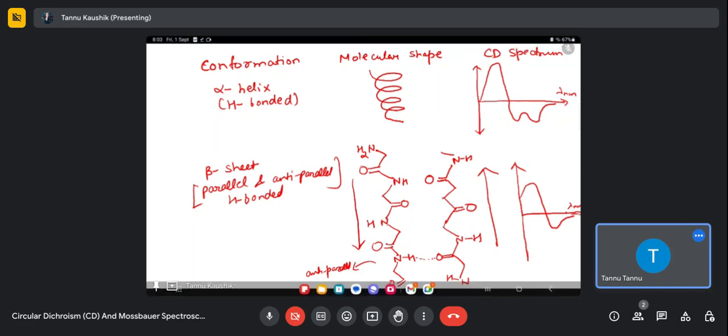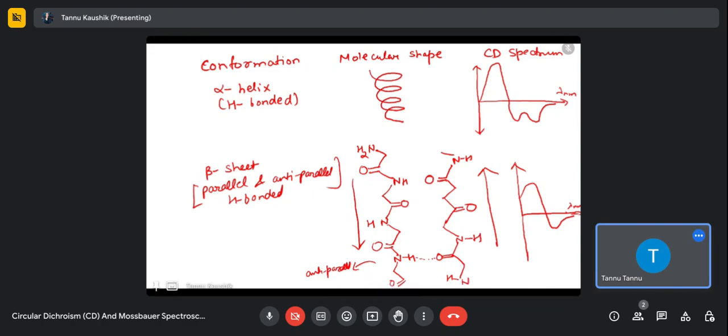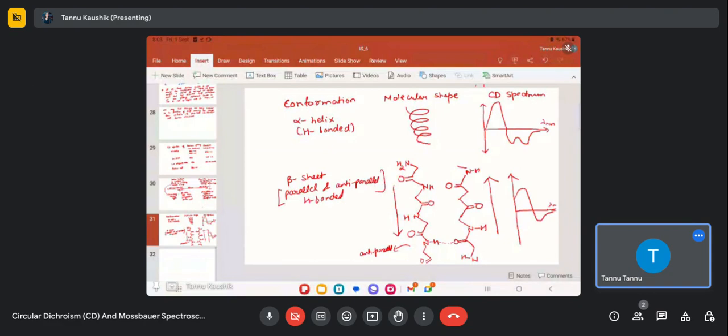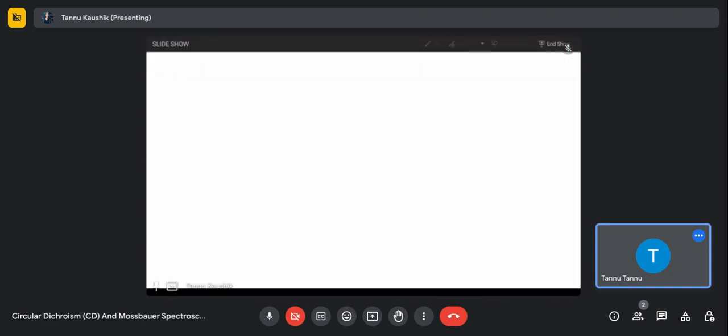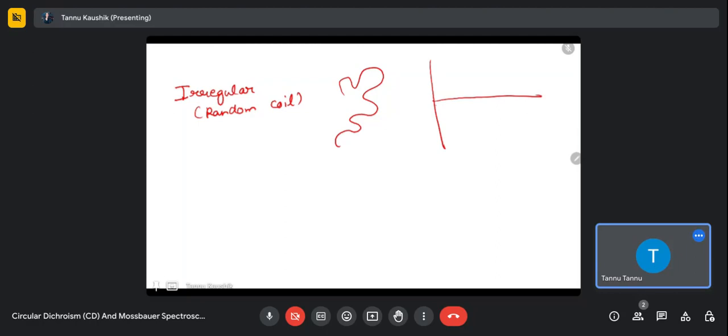So these are a few examples. For the random coil structure, we will get a negative band.